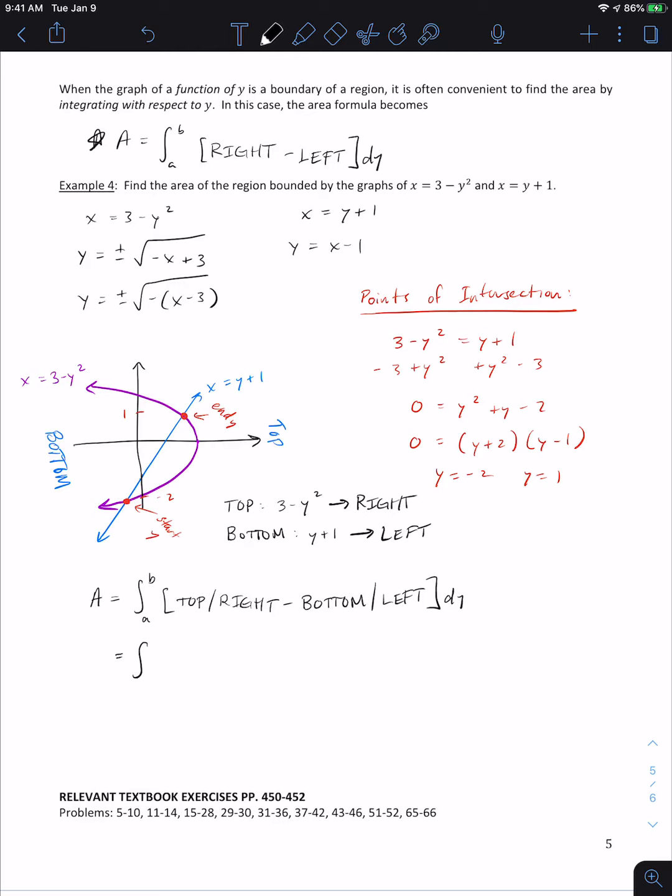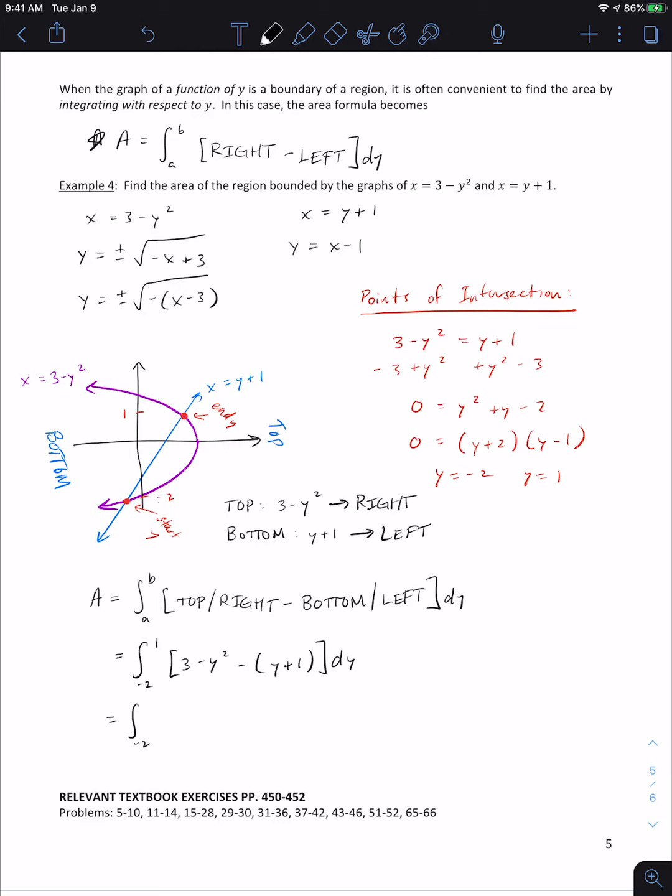So again, my starting y value, that's probably the biggest issue when we start to integrate with respect to y, is people still try to put the x value here and the x value there. No, we don't want x values. Everything's in terms of y. So my starting y value we found to be negative 2, and my ending y value we found to be 1. And now we do our top or our right function, which is 3 minus y squared. And then we subtract our bottom or our left function, which is y plus 1, dy.